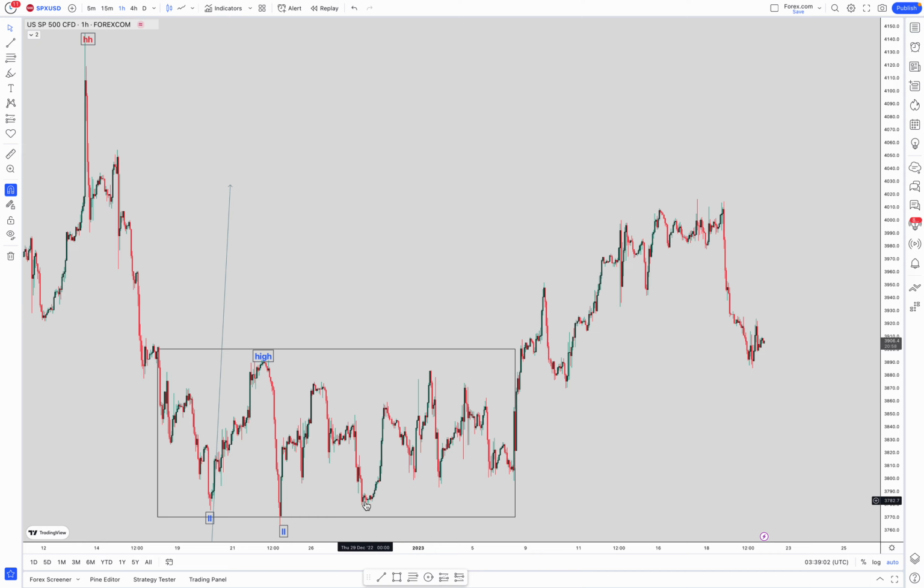Market technically created a lower low, and the market went above this level. But we don't really call this area a higher high because we haven't broken this high yet. So once the market breaks that high over here, we're going to call this a higher high.